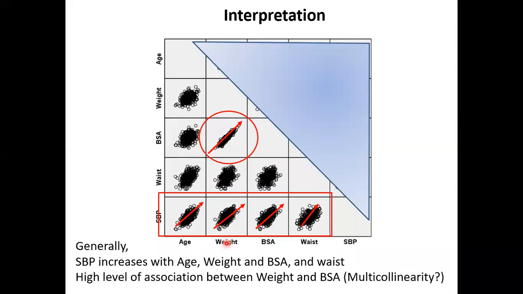Generally, when people are fat, the body surface area is very much higher, right? So the heavier the person, the higher the BSA. So this kind of thing, we can expect a problem of multicollinearity because the pattern is very strong. They're highly correlated with each other. So we suspect, based on the figure itself, there could be a multicollinearity problem.